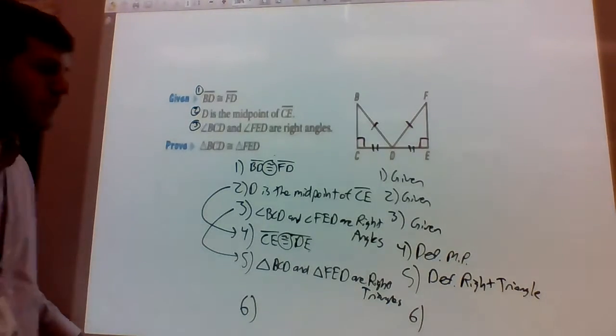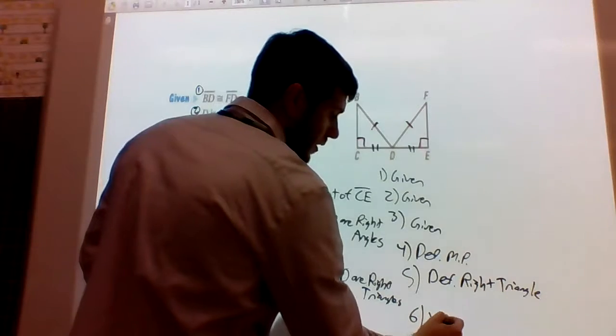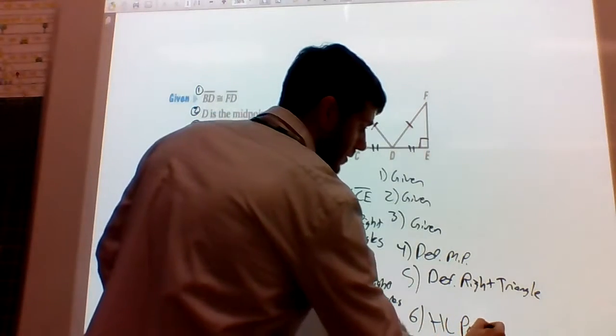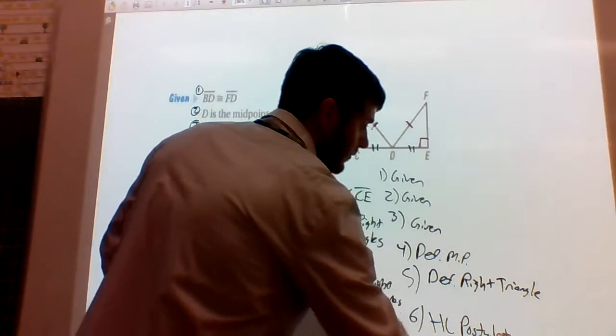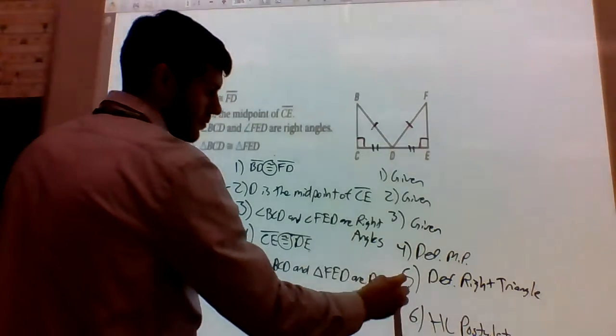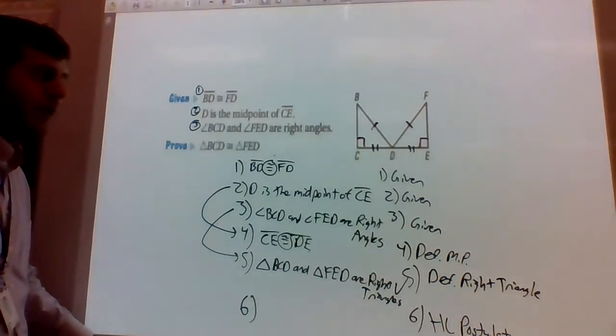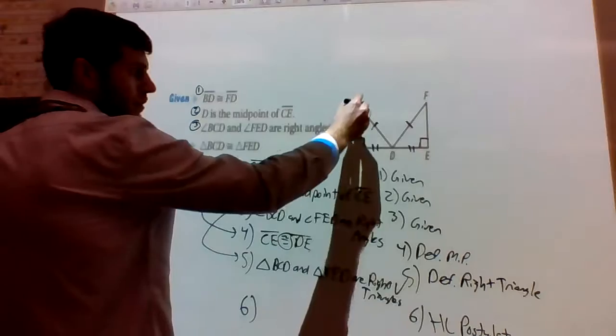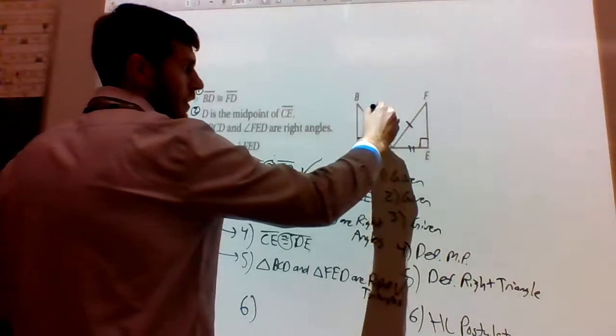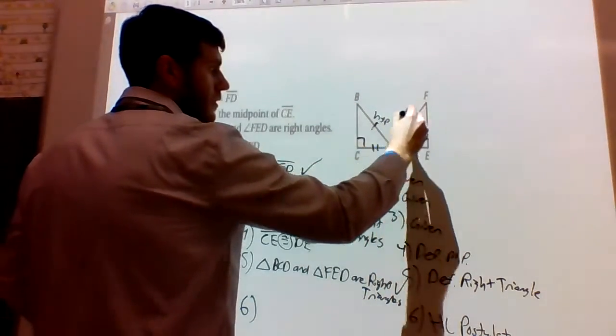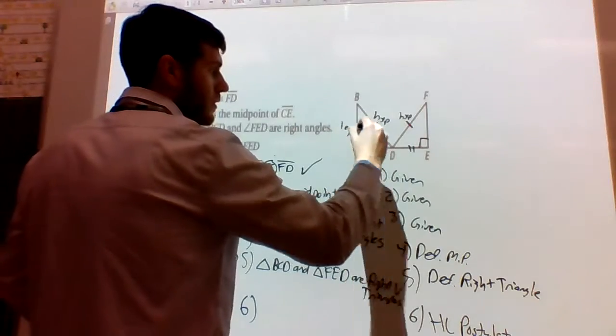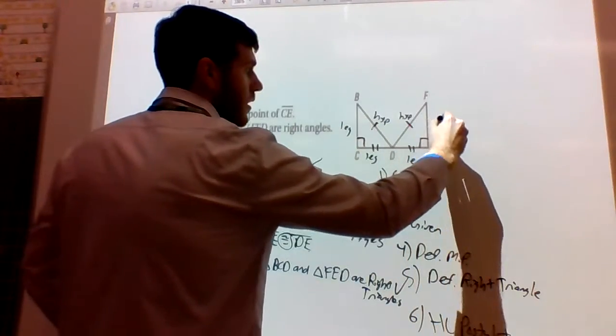So the hypotenuse leg theorem, hypotenuse leg postulate, says that if you have right triangles that have congruent hypotenuses, we do have congruent hypotenuses, right? Here are our legs. Okay.